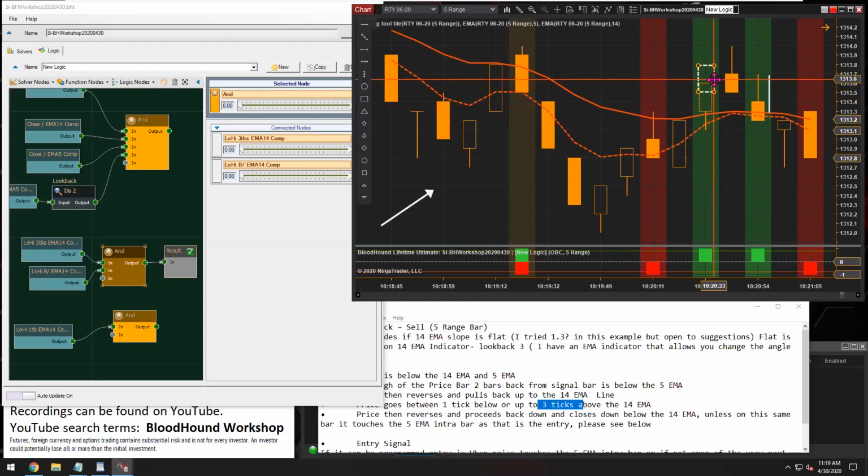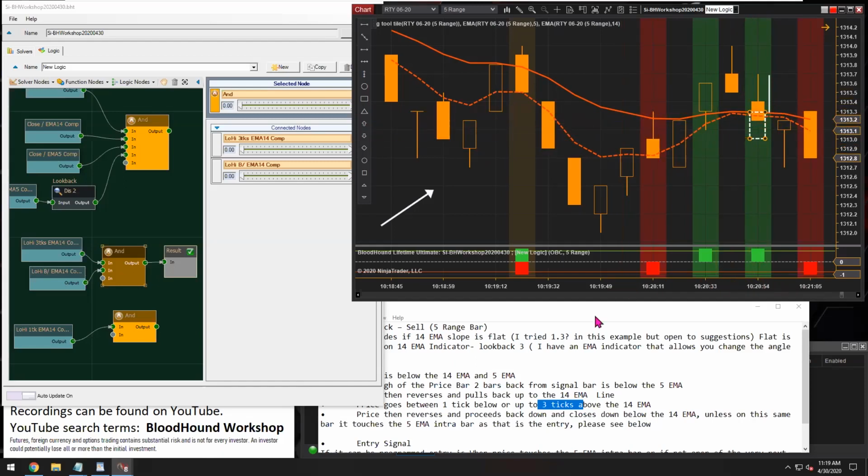However, for a long bounce, our low is below the EMA, but it's still within 3 ticks, and so we have a long output. Same here, we can see our low is within 3 ticks, but it's below the EMA14.